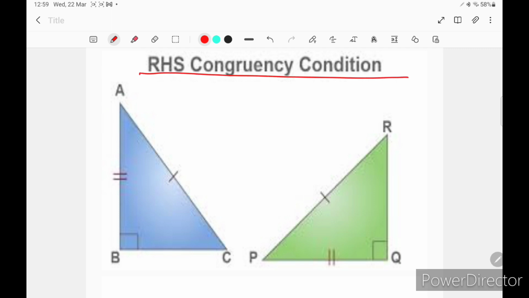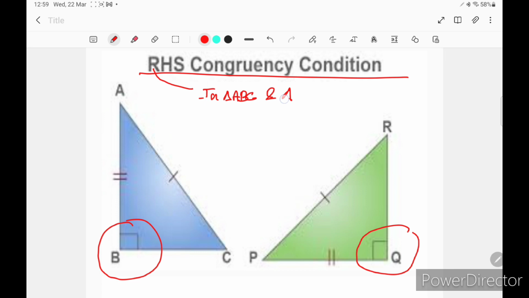Now I am going to explain what the RHS criteria is. As it is clear by the name, R is for right. That means a triangle contains 90 degrees, any one of the angles will be 90 degrees. So how to prove the triangle is congruent? First of all, you have to write the name of the triangles. In triangle ABC and triangle PQR, what is given? Segment AB is congruent to segment PQ.